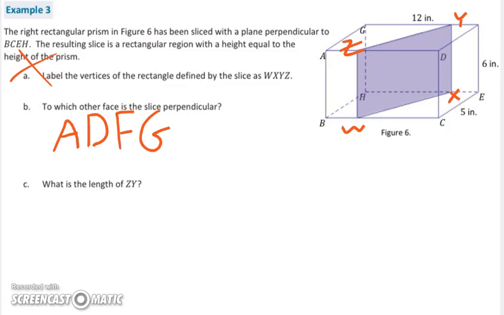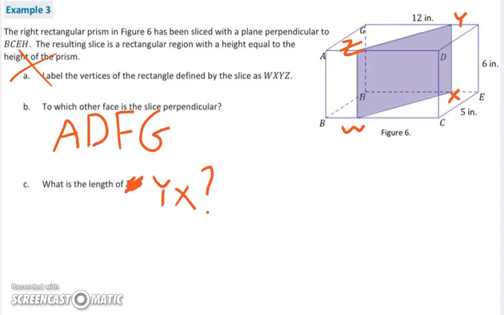I brought back up my labels on my slice. I'm actually going to change this ZY. I didn't want it to say ZY. I actually want it to say YX. So make the necessary changes on your paper as well. We want to know what the length of YX is in our slice.